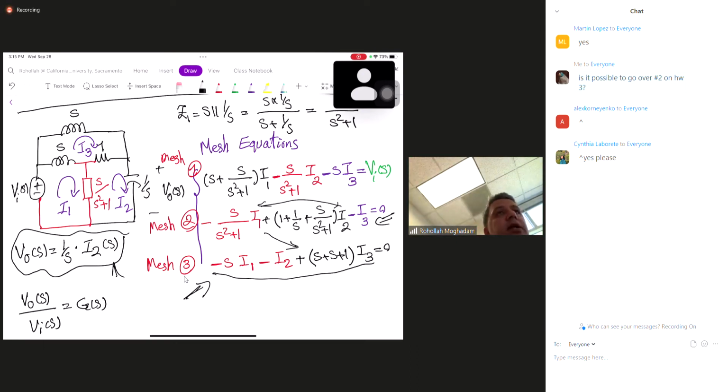Even in class, we work on some problems, and I just told you to just write the mesh equations or just write the equations of motion. So we don't want to solve it, all right? So in the exam, I may just ask you to write the mesh equations. I will not ask you in the exam to go ahead and solve 3 sets of equations.